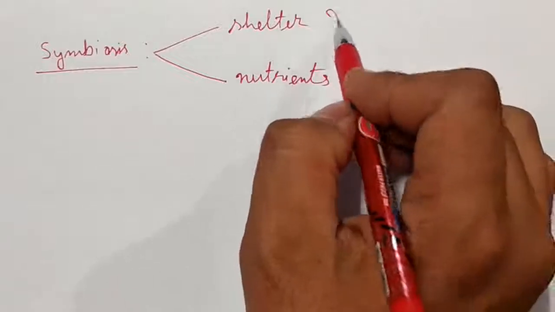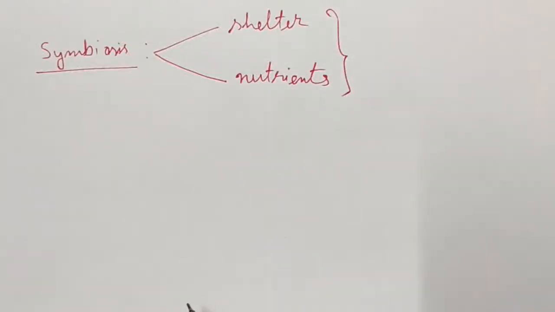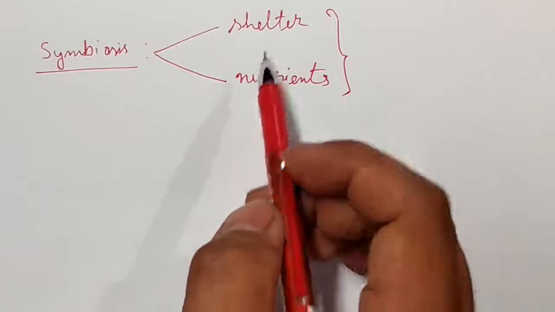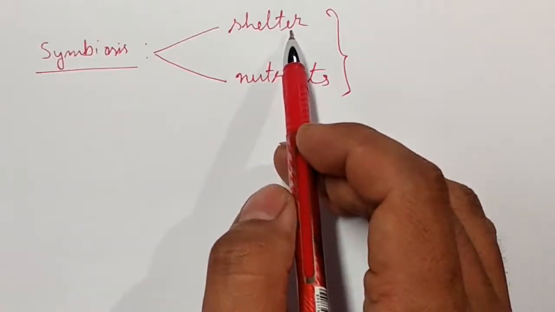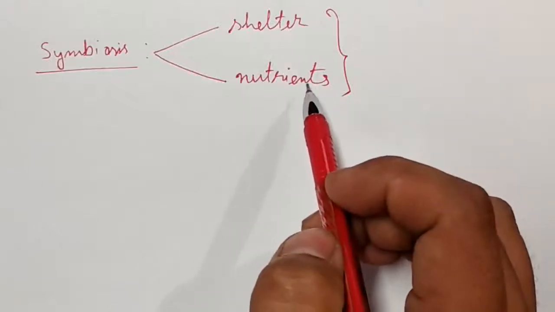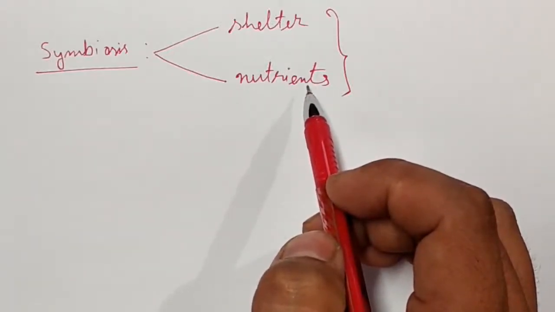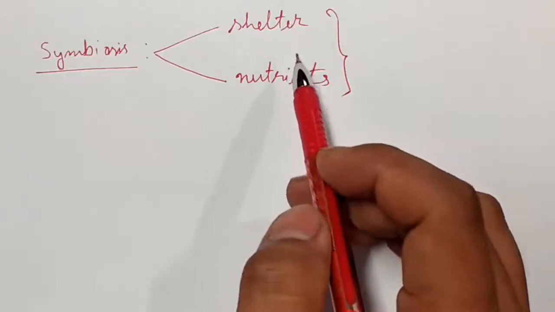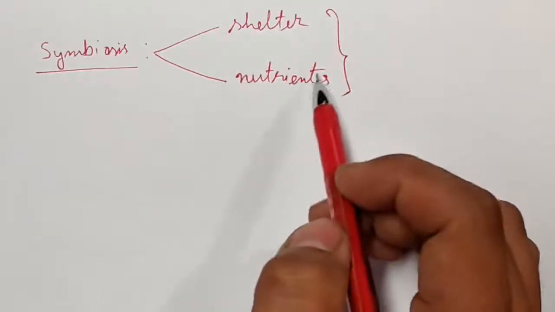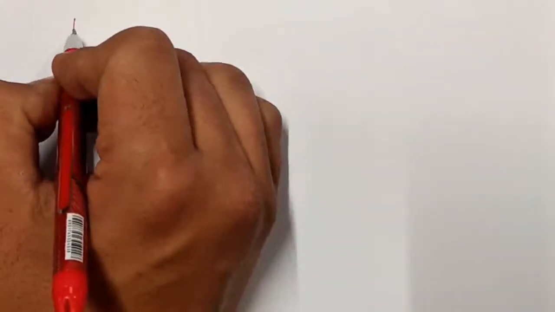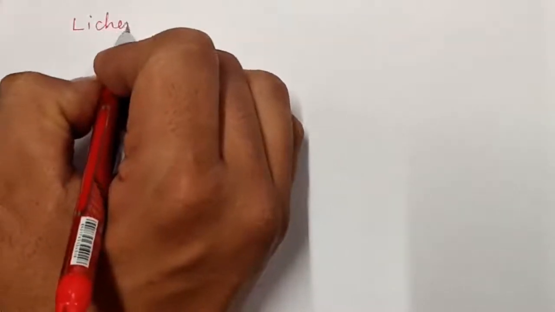These two organisms will live together. This relationship of living together, by one organism providing shelter to the other and the other sharing nutrients, is known as symbiosis. Now, I will take an example, lichen.